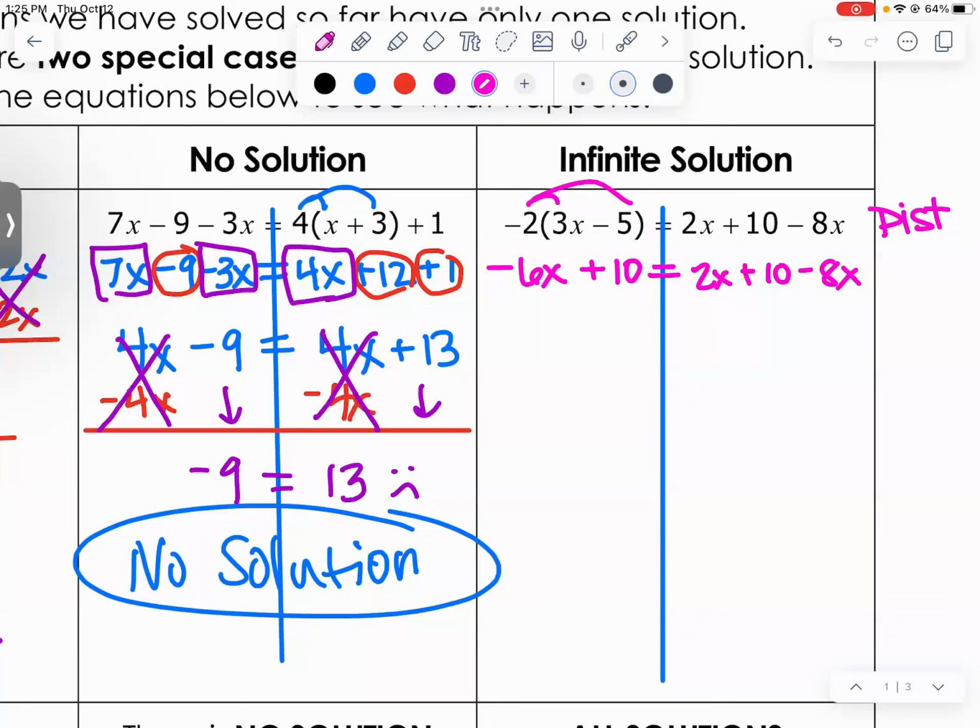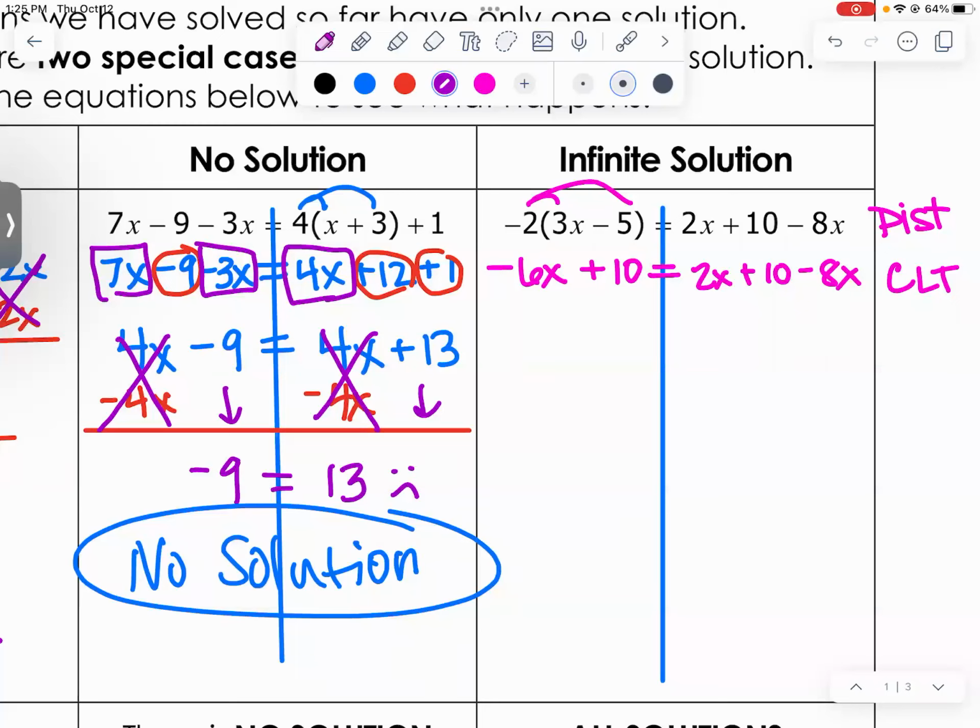What's our next step? You have to combine like terms. Is there anything to combine on the left side?